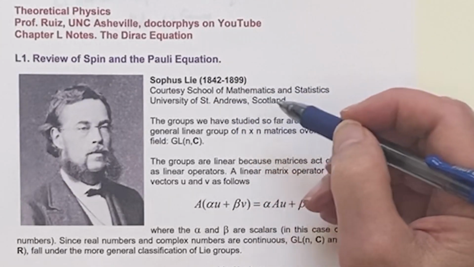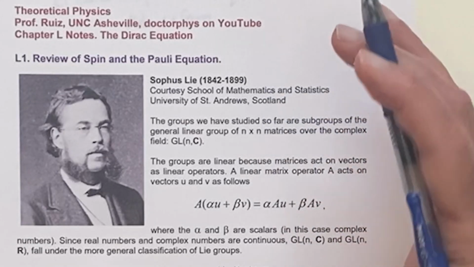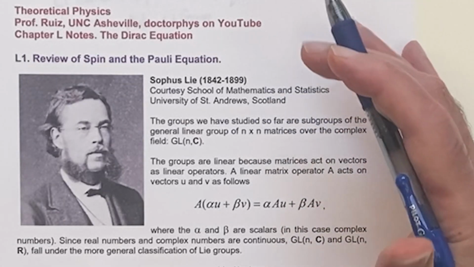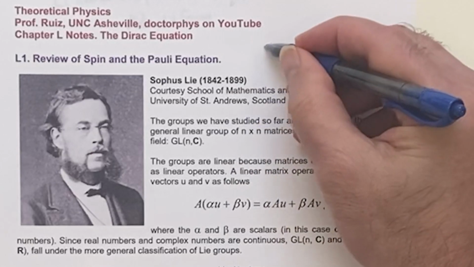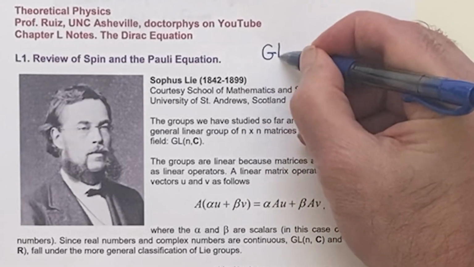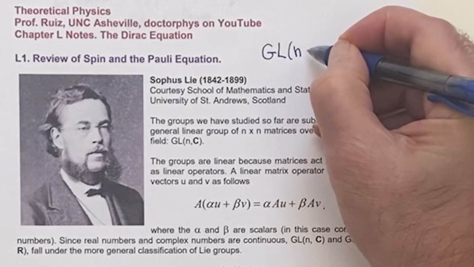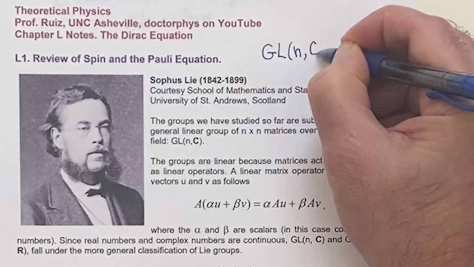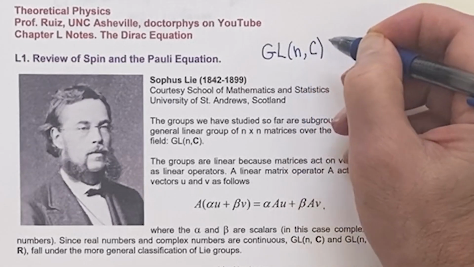Now, the group, a general group you can make, called the GL, general linear, n by n matrices over the complex field, so complex numbers.